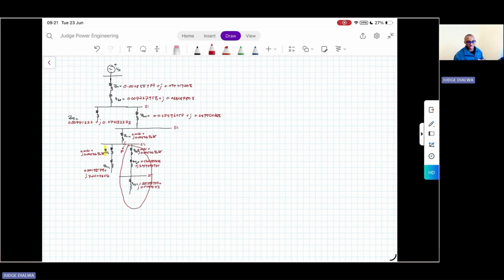So our transformer, in a sense, is unloaded. Now, if there were a static load connected to the transformer, you would still not include this in our calculation because it will not contribute to the fault current in bus B3.